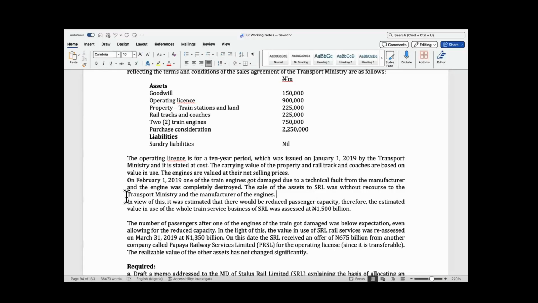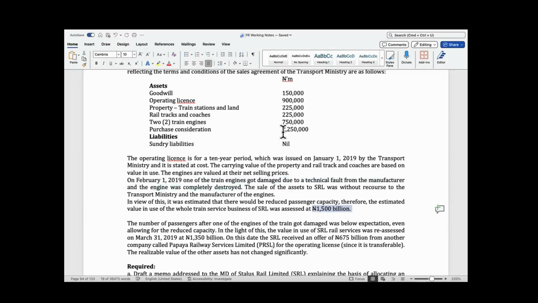Now, in view of this, it was estimated that there would be reduced passenger capacity. Therefore, the estimated value in use of the old train service business of SRL was assessed at 1.5. So because of this damage, they have reassessed the estimated value in use of the old train service.